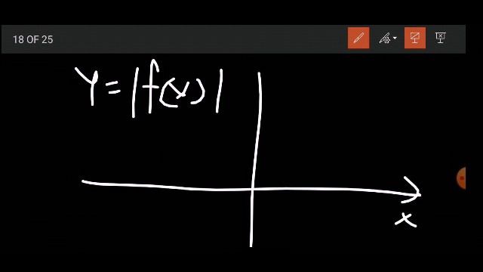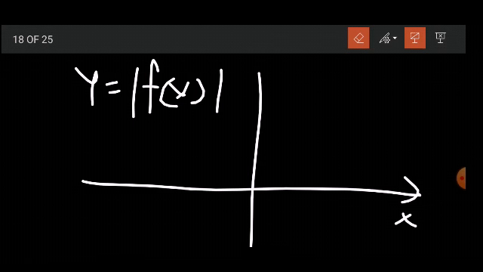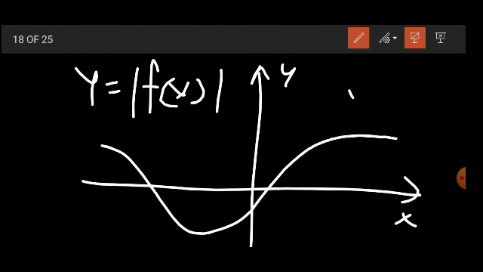This is the y-axis, you know. And let's say this portion is the graph of y equal to fx.